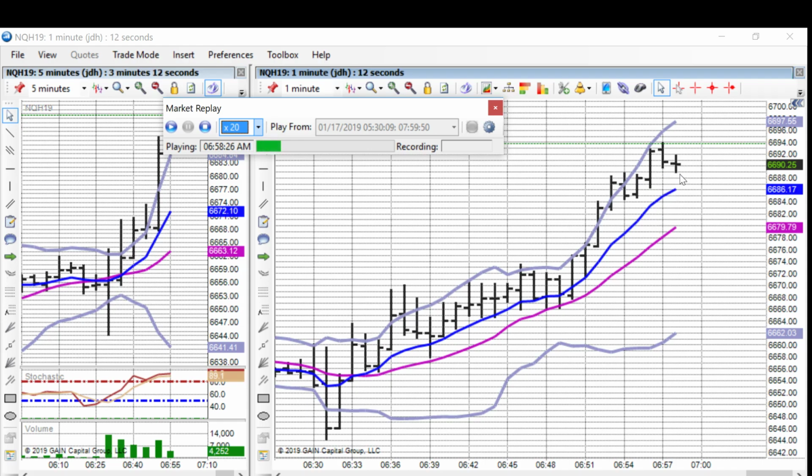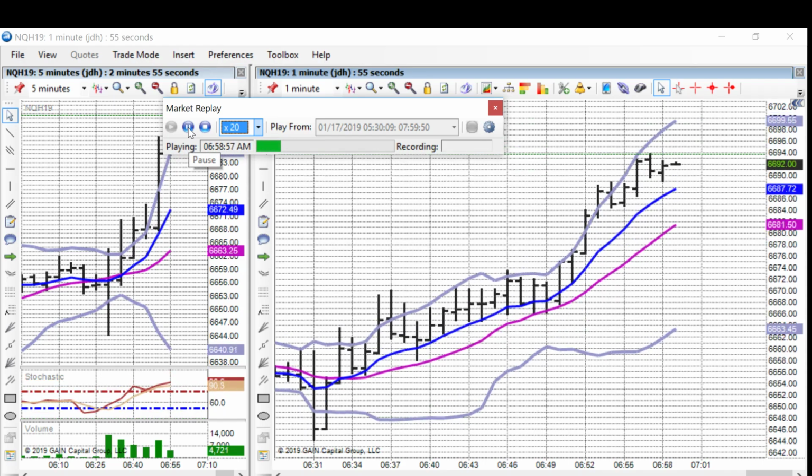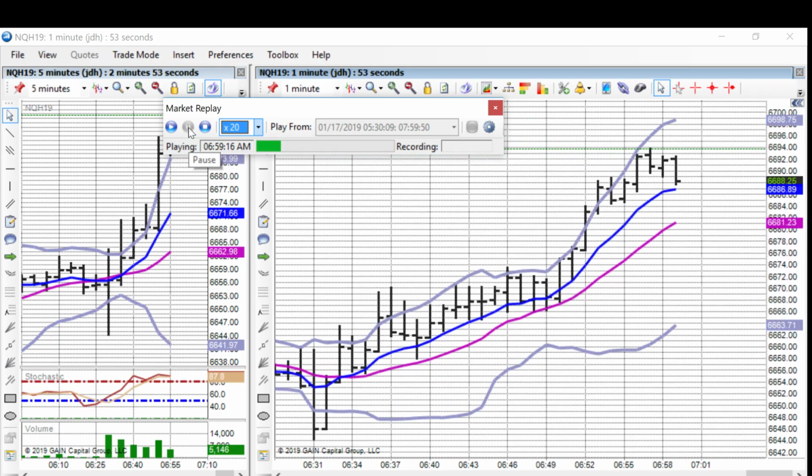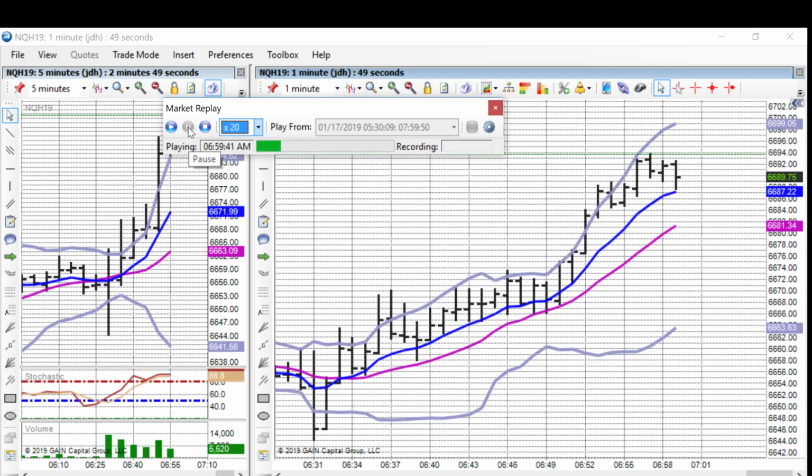That's iffy because look at the distance from the 8 EMA line. The most likely thing for it to do is come back and bounce off this line here, so even though I miss a trade, yep, we get the pullback here.